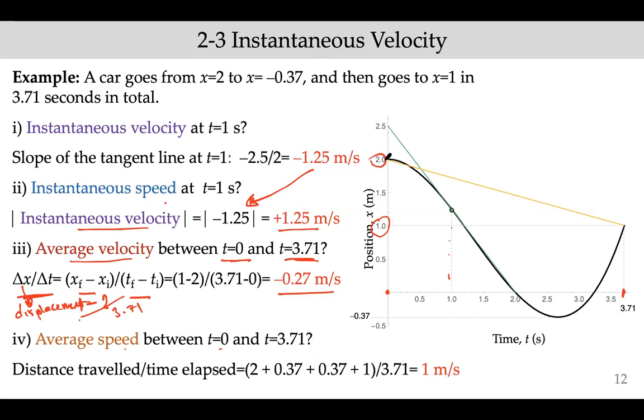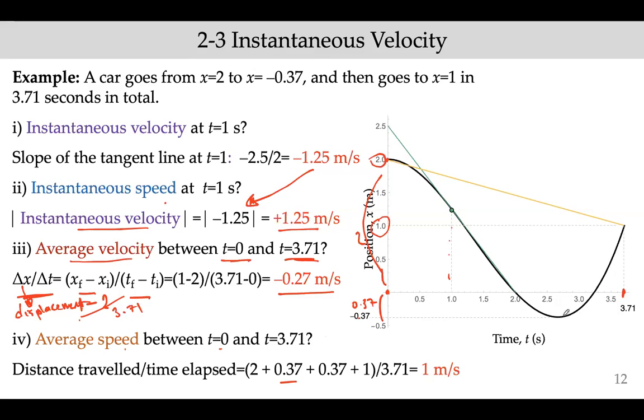So it started from 2, right? And it went to 0. So the total distance here is 2 meters. And then it went to negative 0.37. Okay, it came here, so this distance is 0.37. So this is 2.